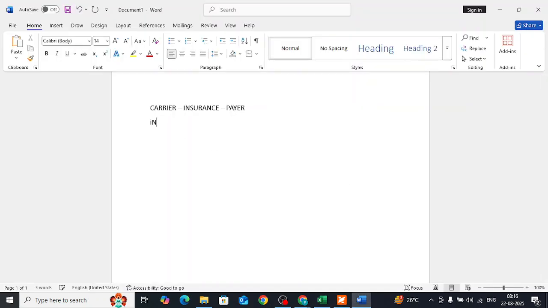What is meant by insured? Insured means policy holder, also called the subscriber of the policy.